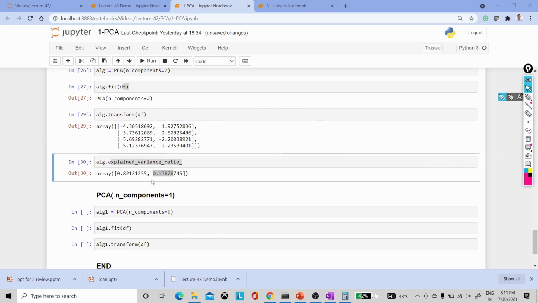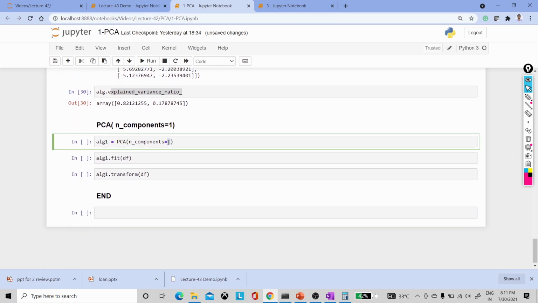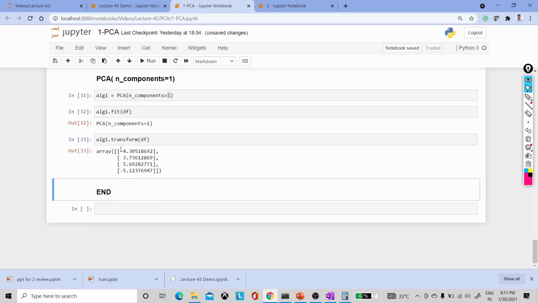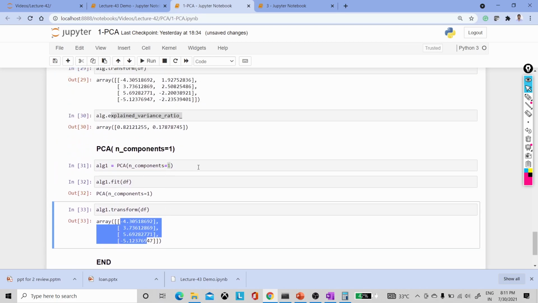If you want only one principal component, we have to give the value 1 here. Then you will get the one principal component value. So if you compare here, the same values will be displayed here: minus 4.30, minus 4.30, and minus 5.12, minus 5.12, 5.69, 5.69.